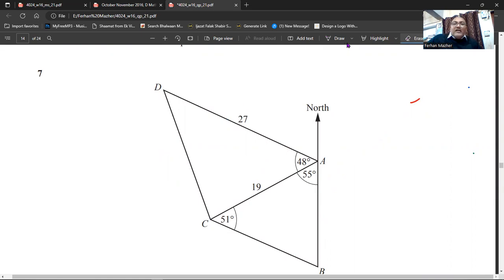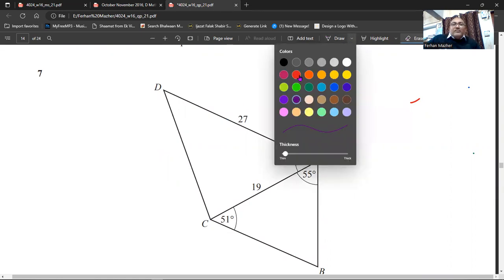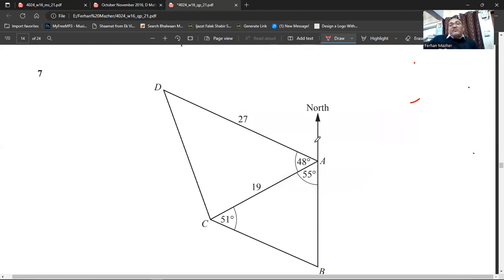So basically we are going from D to A, and on this track, when will you be closest to C? So I'm going to draw it with the help of the mouse. Oops, sorry.